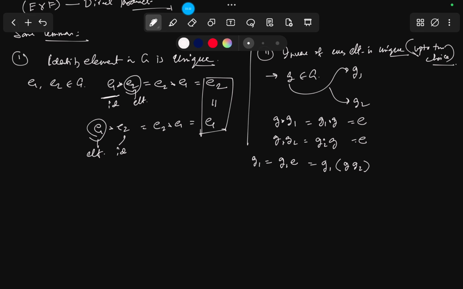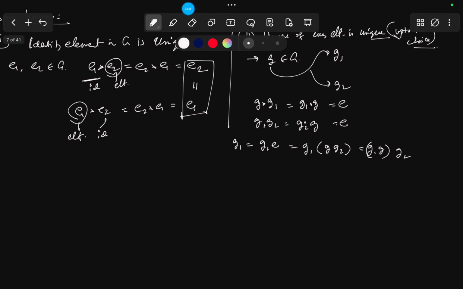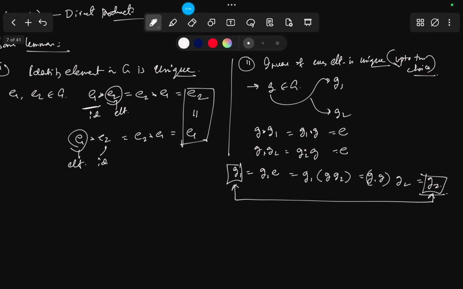Now by associativity we get G1 G times G2. Now G1 G is the identity, so it is the same as your G2. So G1 is the same as G2. So the inverse is unique for each small g, up to the choice of the element.